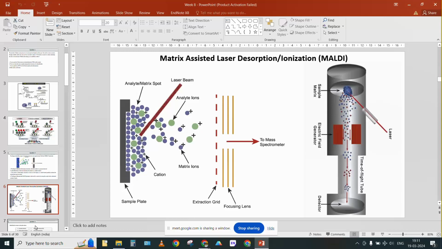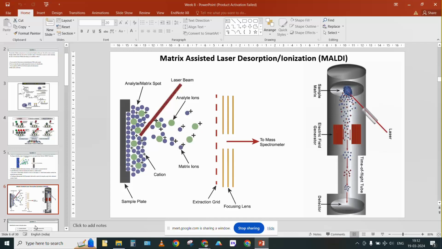It creates ions from large molecules with minimal fragmentation. It has been applied to the analysis of biomolecules like DNA, proteins, peptides and carbohydrates, and various organic molecules also, like polymers, dendrimers, and other macromolecules, which tend to fragment when ionized by more conventional ionization methods.